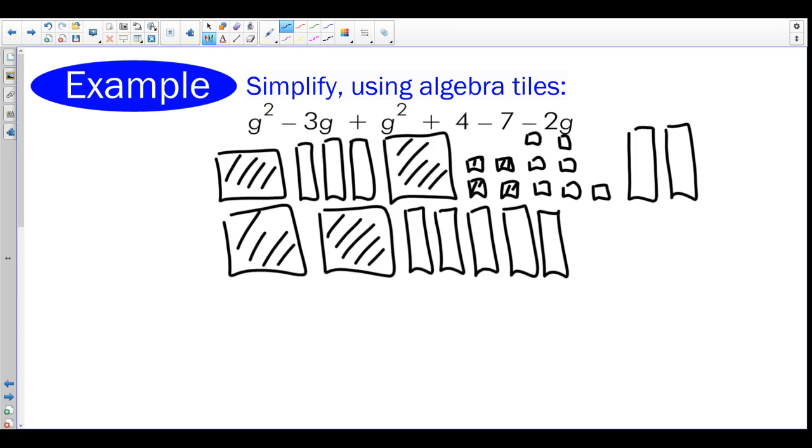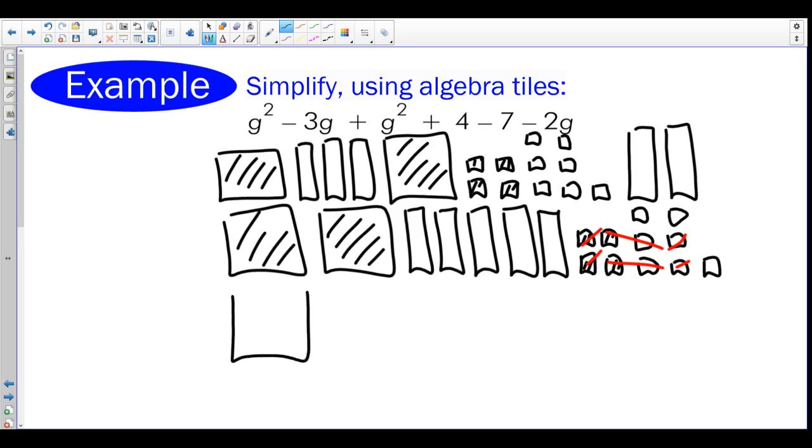But there are going to be some 0 pairs when it comes to our little squares because we have 4 shaded little squares that are going to get combined with 7 unshaded little squares. And so when we go to find the 0 pairs, there's a 0 pair, there's a 0 pair, that's a 0 pair with one of those, that's a 0 pair with one of those, and we're left with 3 unshaded little squares.